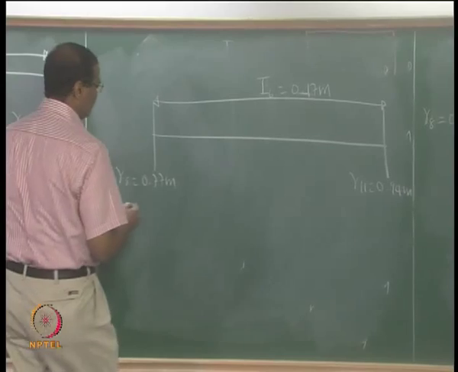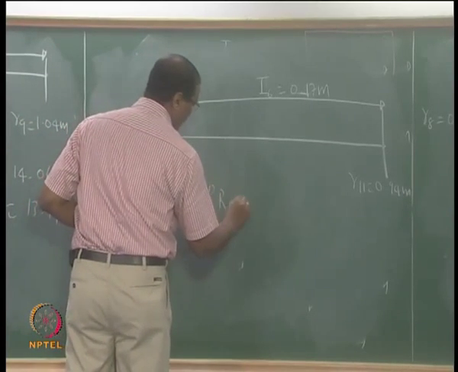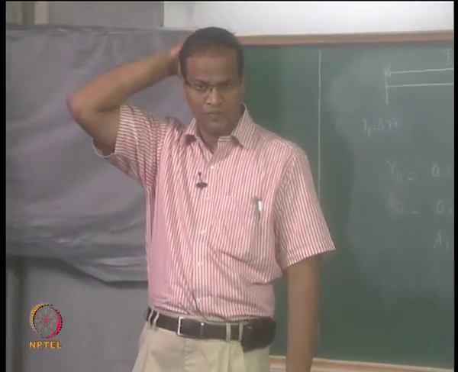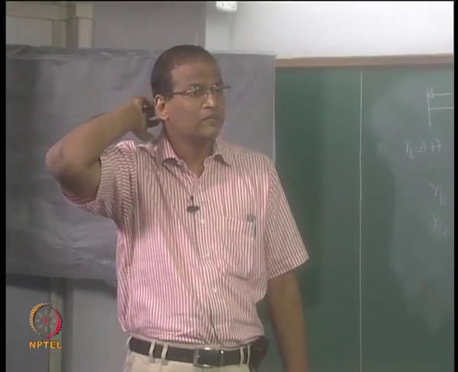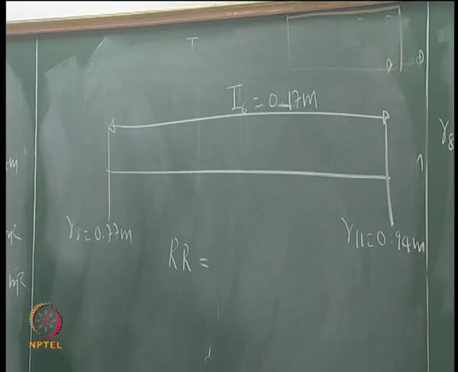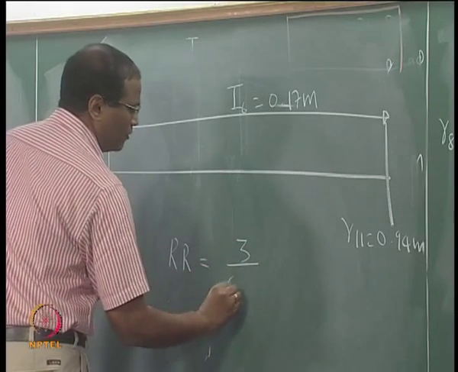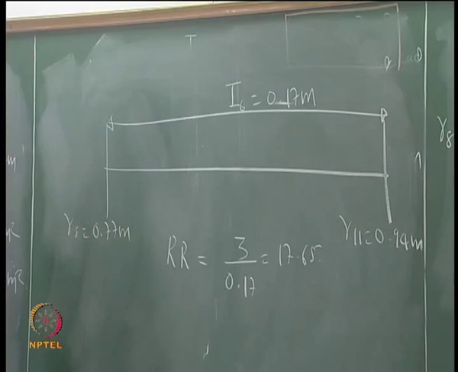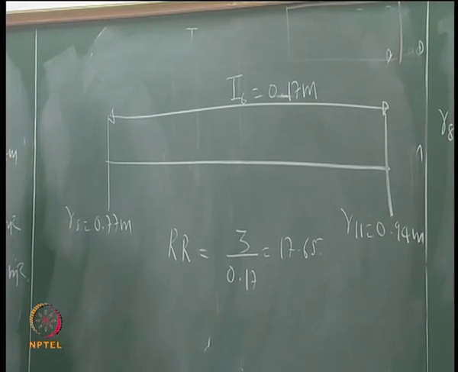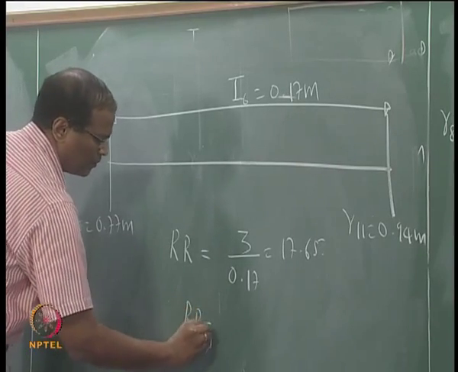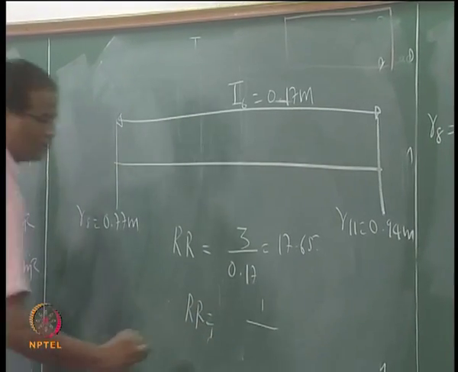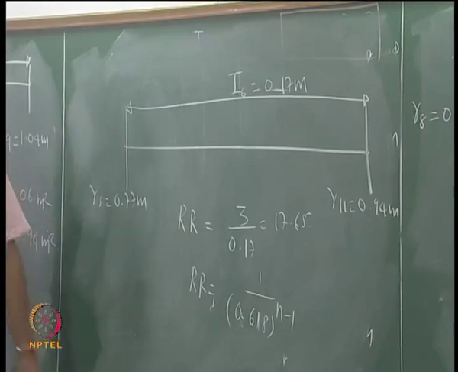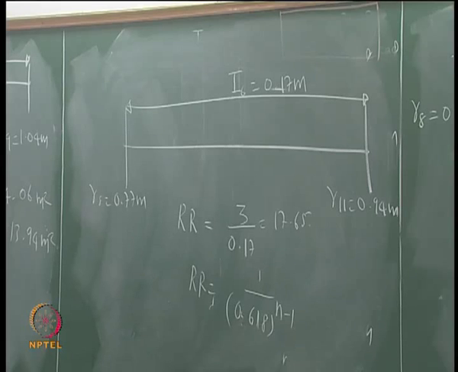What is RR? RR is where n is the number of evaluations, just check it.